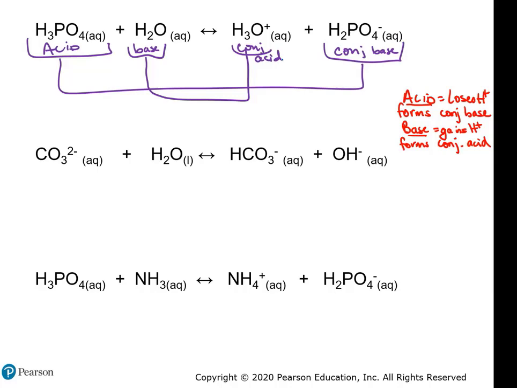And remember, the conjugate just means that they act as the acid or the base in the reverse reaction. So H3O plus will lose a hydrogen in the reverse reaction. H2PO4 minus will gain a hydrogen in the reverse reaction. So the conjugate acid and base are just the acid and base of the reverse reaction. So CO3 2 minus, its most similar pair.